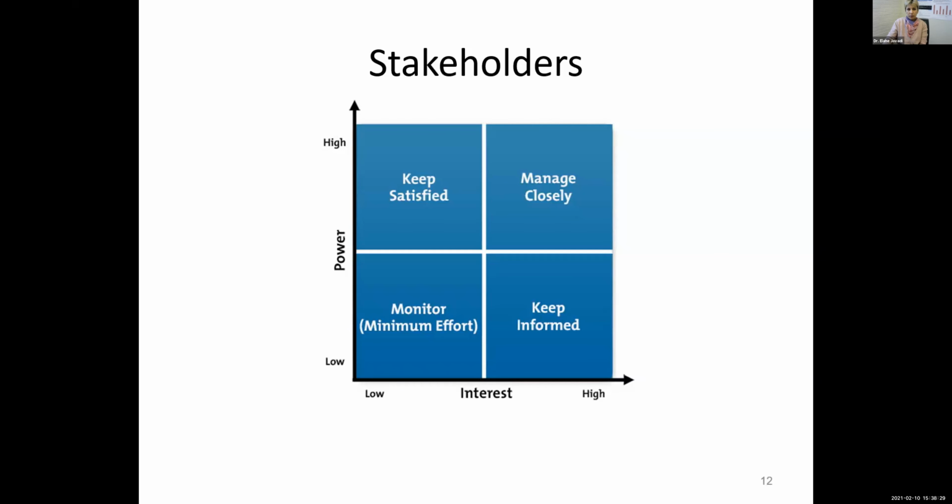This is what we call a stakeholder analysis. It helps us do an analysis and have a plan for our stakeholders. If you remember the picture with the branches, the 10 knowledge areas in PMBOK, stakeholder management is one of the areas. Fun fact, stakeholder management wasn't part of PMBOK.